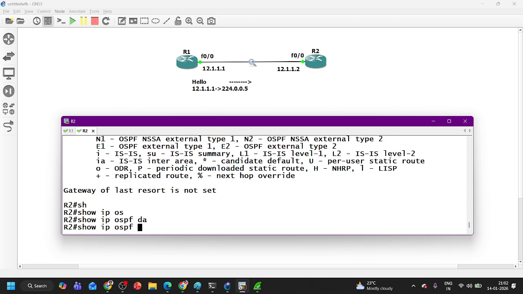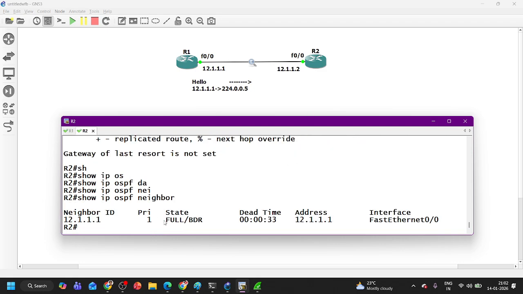So show IP OSPF neighbor, it is in full state. And here you can see as network type on router number 2 is broadcast, router 2 is still performing DR and BDR. Now router 2 is your DR and router 1 is BDR for R2. For R1 there is no DR BDR required. So DR BDR depends on OSPF network types.